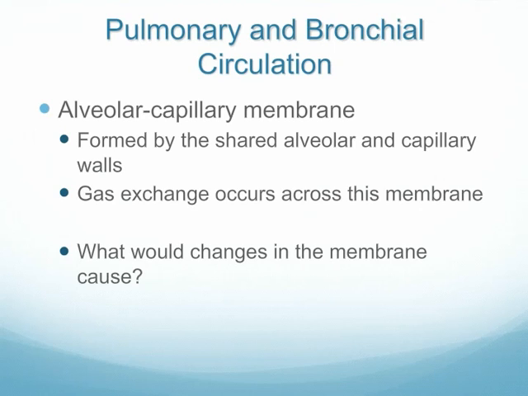This is where gas exchange occurs. It goes through that membrane so that we can have oxygen go into the bloodstream, CO2 come back out into the lungs. That means that if we had changes in that membrane, we would have difficulty in oxygenating, and we'd have difficulty in eliminating CO2.